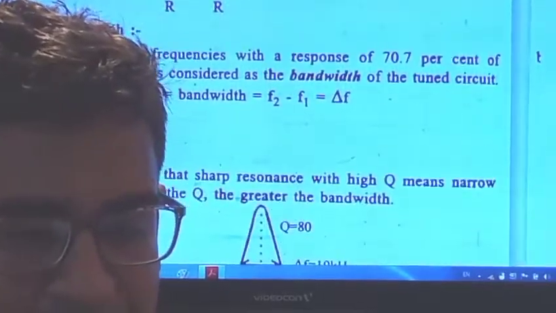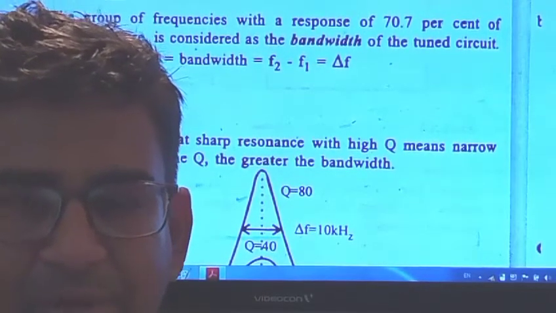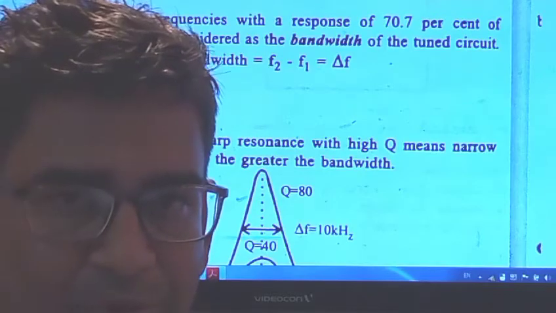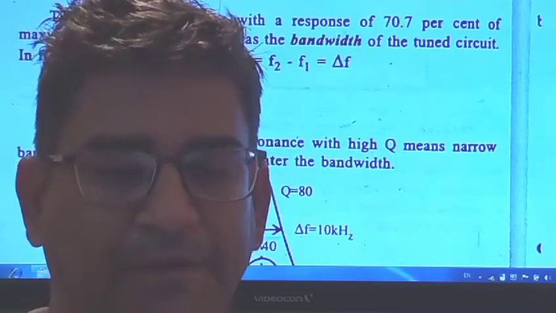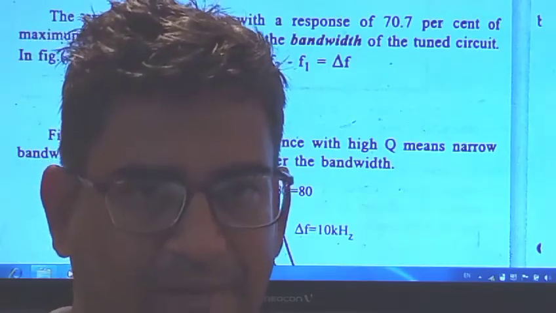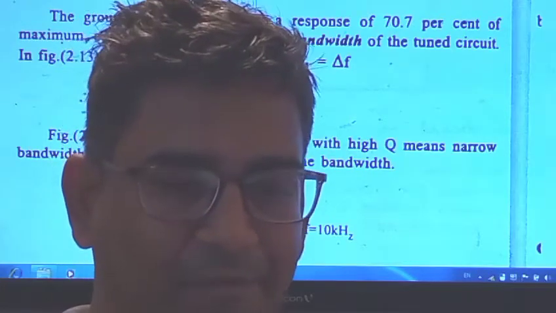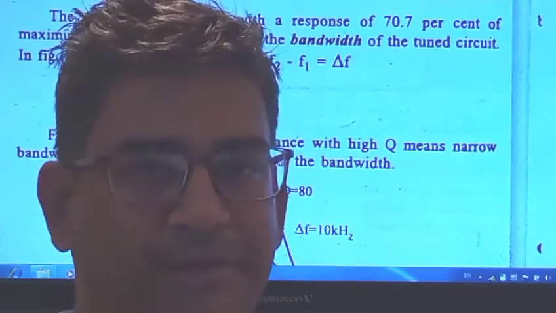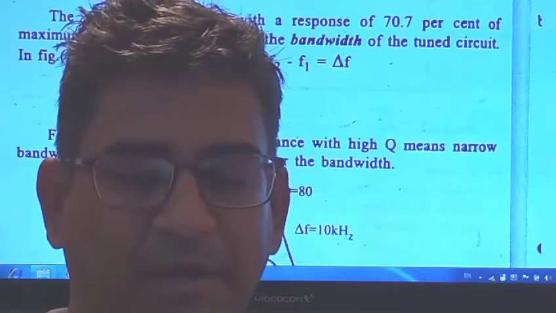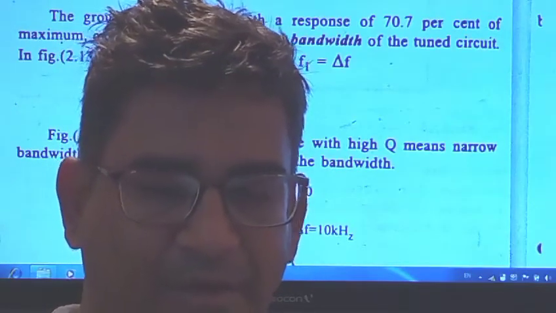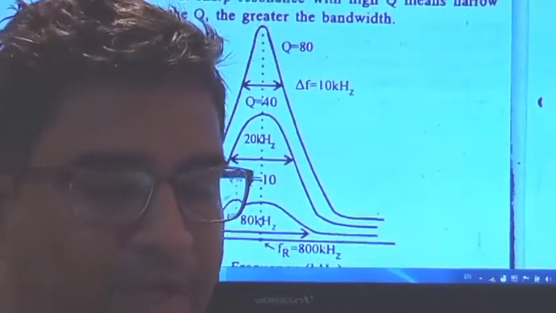Then the bandwidth, the group of frequencies at resonance, as 0.707 of Im was considered. Here we are getting 70.7 percent of the maximum or more. That is considered as the bandwidth of the tuned circuit, which is the higher frequency minus the lower frequency, the total frequency, that is delta F. Delta F is equal to F0 divided by Q. Since sharp resonance at a high Q means a narrower bandwidth, and the lower the Q, the greater the bandwidth.